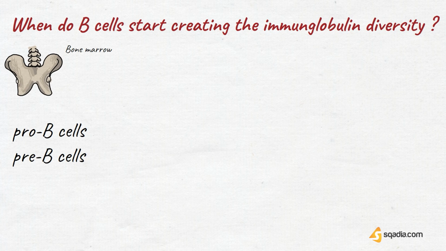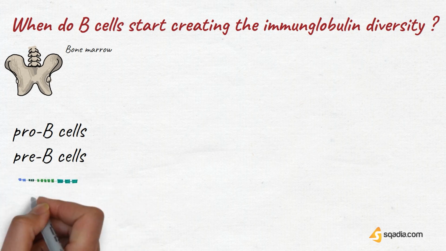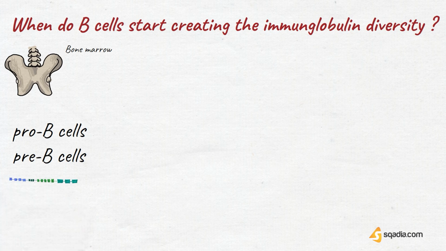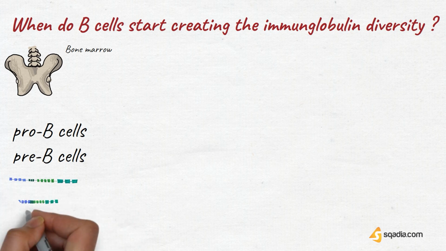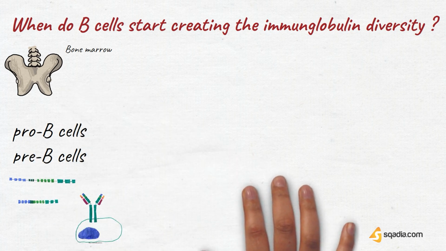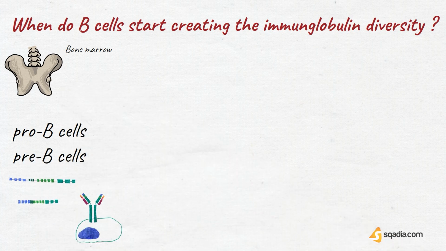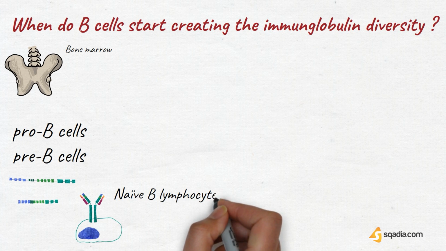They start already creating immunoglobulins with constant and variable regions by recombining the genes of the variable section, so they create this diversity. It's exactly the way we explained before. So, at this stage, the lymphocyte leaves the bone marrow to start the lonely journey until meeting the antigen. The B cell is called now a naive B lymphocyte.